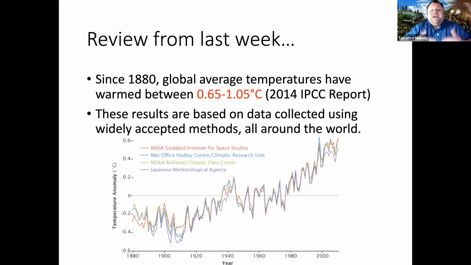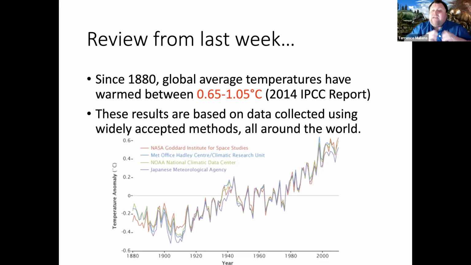But this is not just a single 1 hour change. This is a change in the entire average of Earth's climate. So when talking about this from a large scale climatic perspective, this is actually really, really substantial, and it's really, really fast.